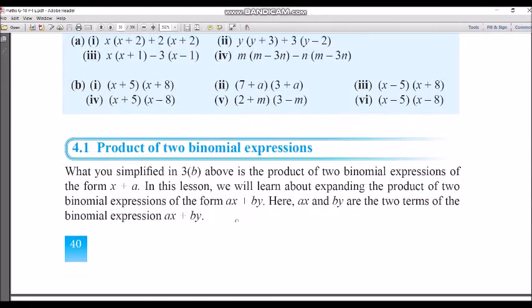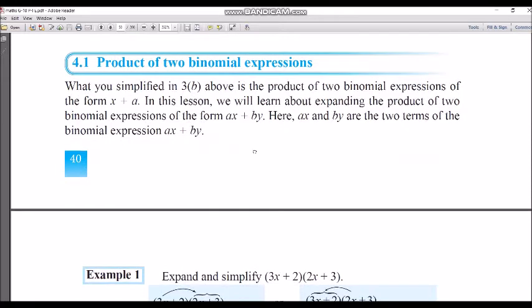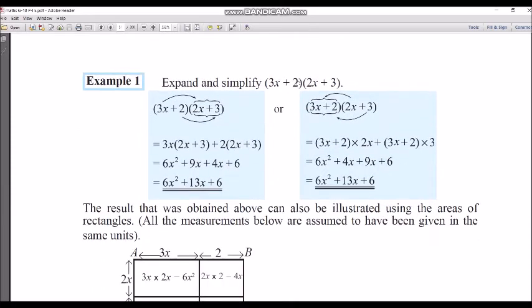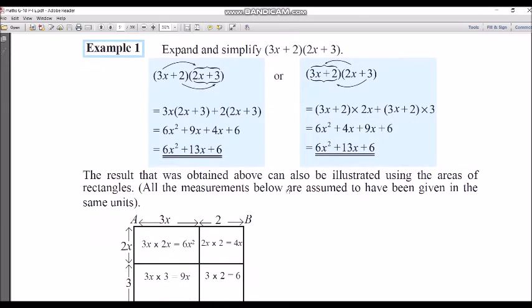then they have gone to the lesson. Product of two binomial expressions. So here we can see, as I explained in the review question, but this is some complex form of that, because the variable is followed by a constant followed by a variable.